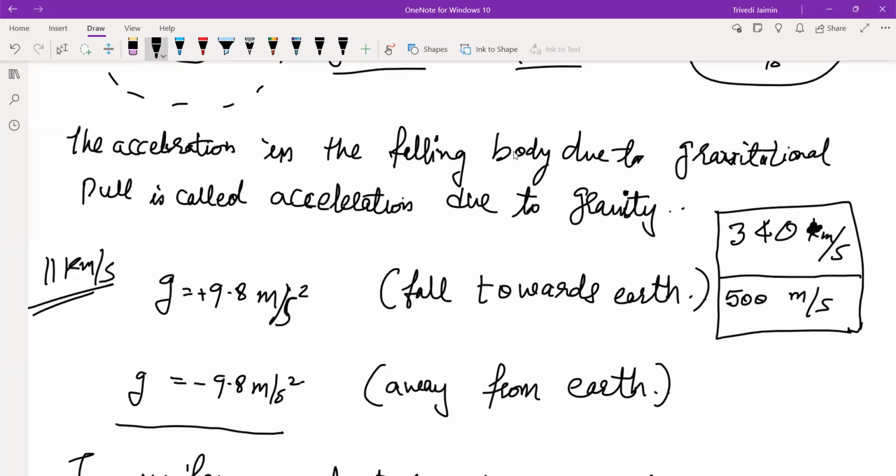Whatever it is, we cannot cross the sound barrier. 340 is a sound barrier. No one can cross the sound barrier.